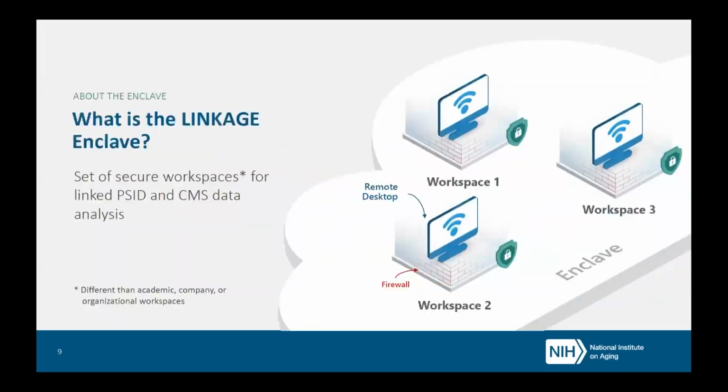Next slide. The CMS and study data is delivered to the researcher in the linkage enclave, which is a set of secure workspaces where researchers are able to analyze the CMS-linked study data. Each project gets a dedicated project environment, which is accessible to only authorized members of your research team.